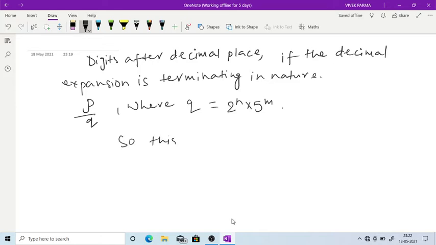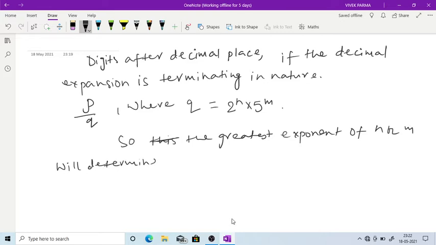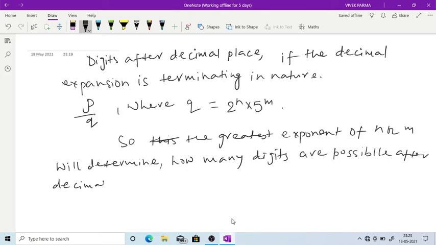So the greatest exponent of n or m will determine how many digits are possible after the decimal place, right?